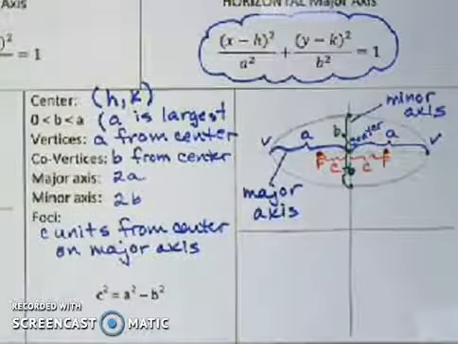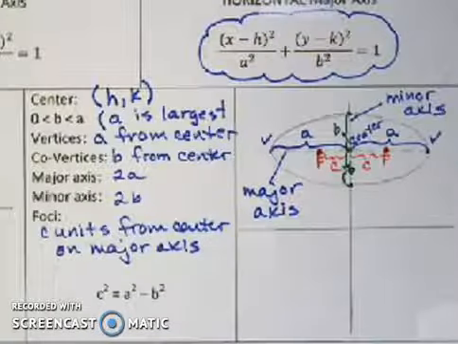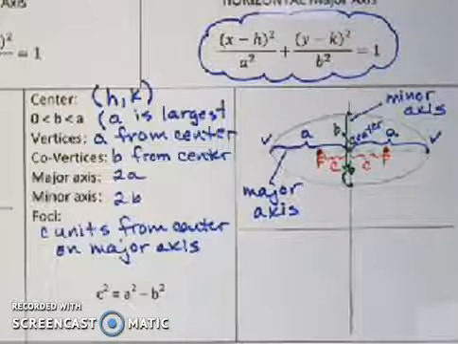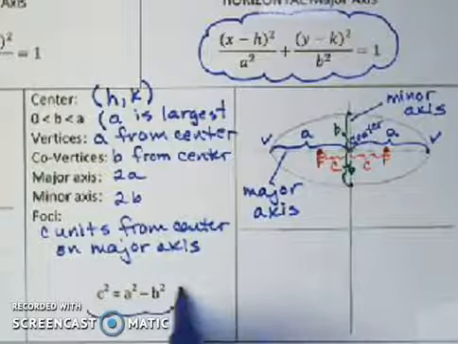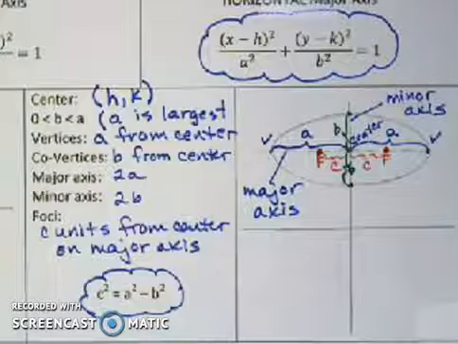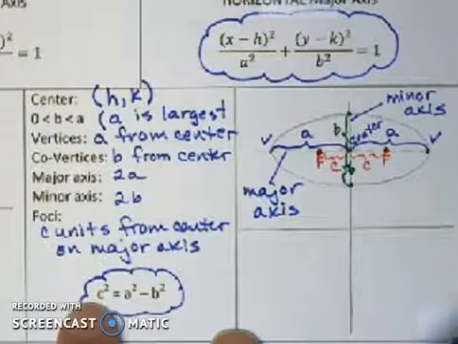Now, remember when I told you you have 3 values. You have an A, B, and a C, and typically you're given 2 and you need to find the third one. Well, here you go. This is what you're going to use to find the missing piece. You have A squared minus B squared is C squared.